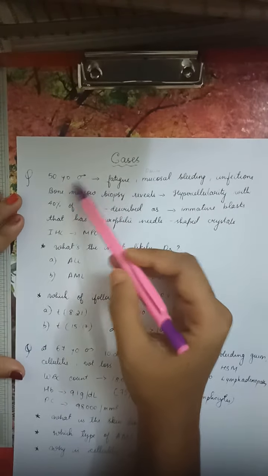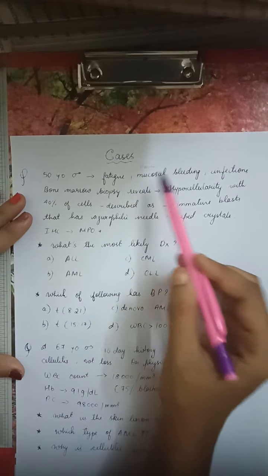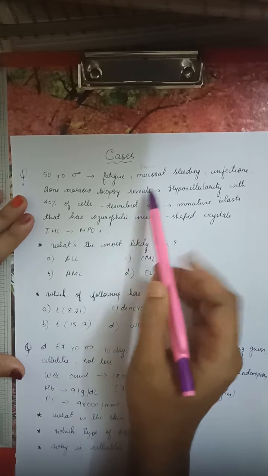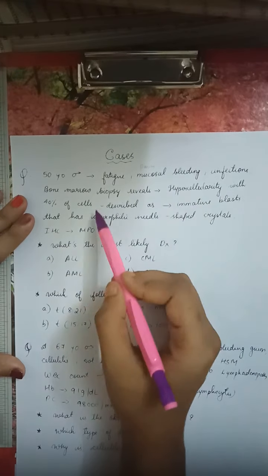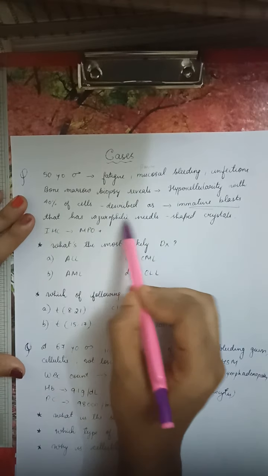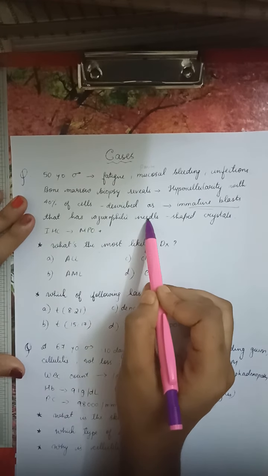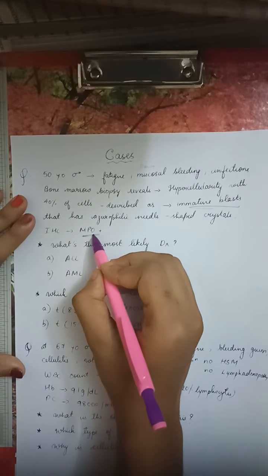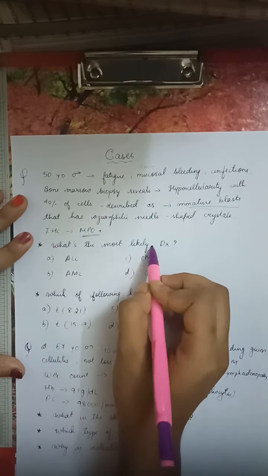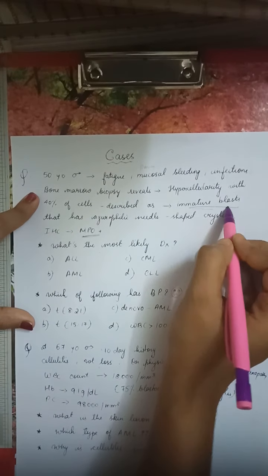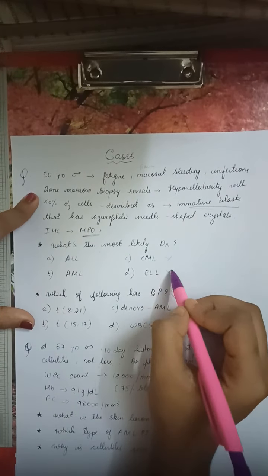So see, a 50-year-old person complains of fatigue, mucosal bleeding, infection. Bone marrow biopsy reveals hypercellularity with 40% blast cells, and there is formation of eosinophilic needles, that is our Auer rods, and it is myeloperoxidase positive. So what is the diagnosis? There are immature cells, so we can rule out chronic.